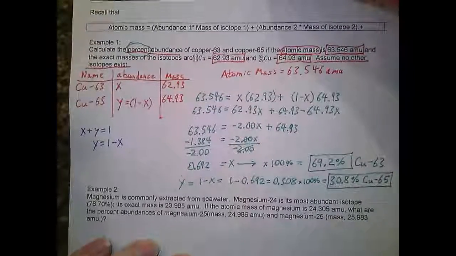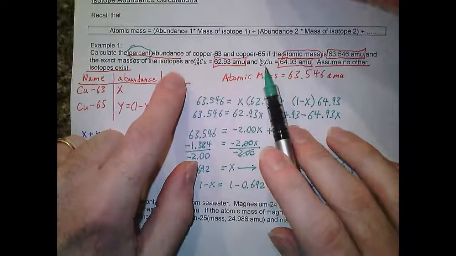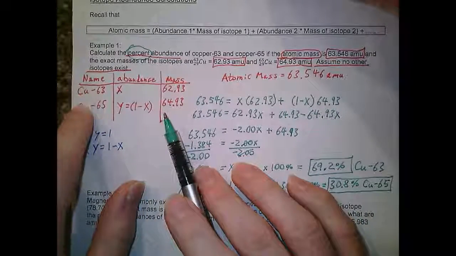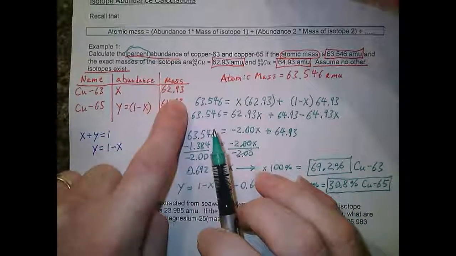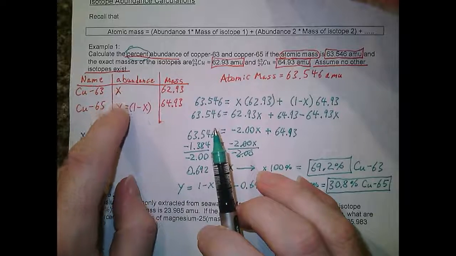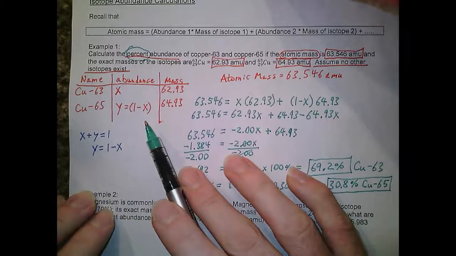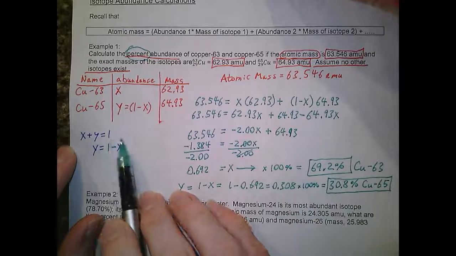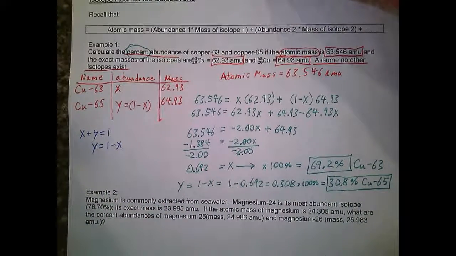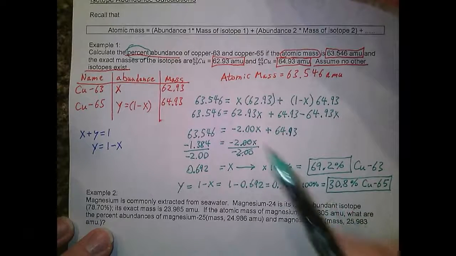Okay, so recapping, first thing you need to do is figure out what it is you know in the problem and put it in a table. Write your names and the masses. Your abundances are going to be X and Y. Y is 1 minus X in this case. It's 1 minus whatever the other components are, whatever the other percentages are.